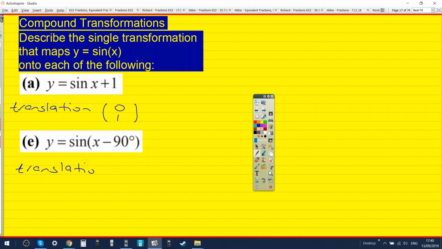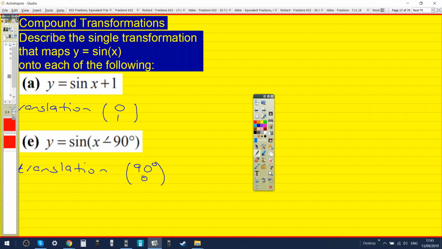So I would say it's going to go to the right by 90 degrees. I don't know what the vector is for that. Just (90, 0). Or 90 degrees, 0, something like that.